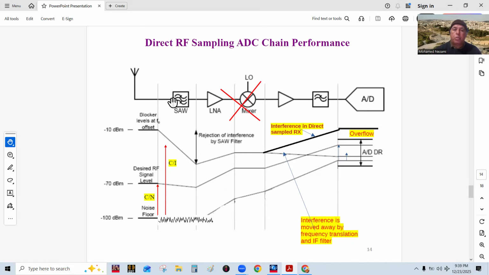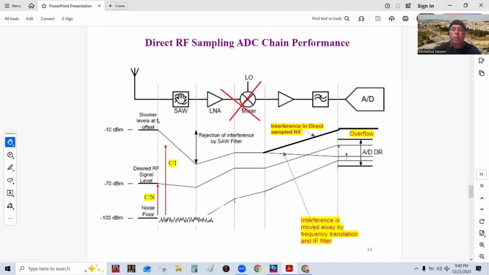So therefore, as soon as we go through the front end filter, it gets knocked down to a manageable level, okay? And then now what you have is you have the interference, you have your desired signal, and you have the noise floor. And you can see throughout this whole system how they progress. However, you can see that also the interference in here, because it is spatially located at a different frequency, at some offset away from the desired signal.